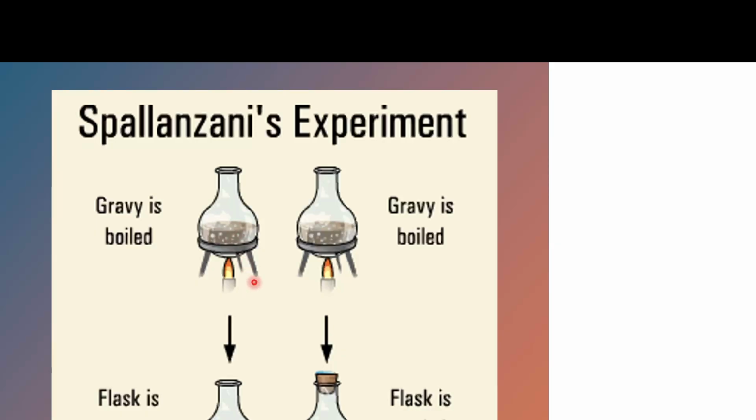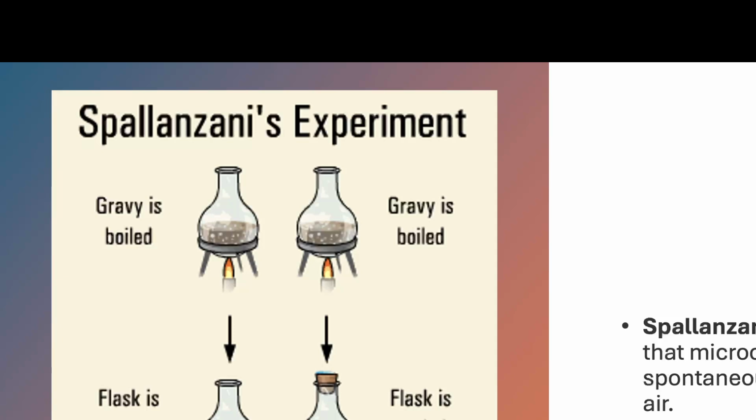But the air or the surroundings had tiny microbes which entered the flask and populated the gravy. That is why microbial growth is seen in an unsealed flask. So Spallanzani's experiment proved that microorganisms did not arise spontaneously, they came from the air. Because in the sealed flask, when there is no air contact with the broth, there is no microorganism culture.